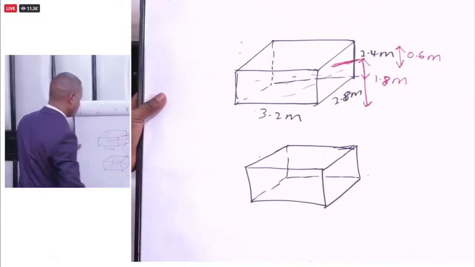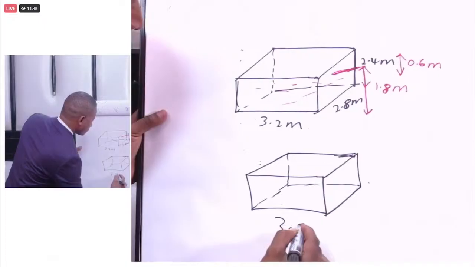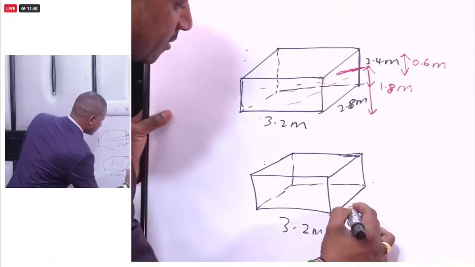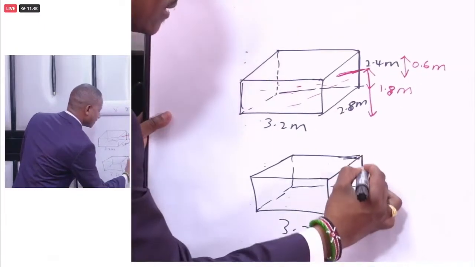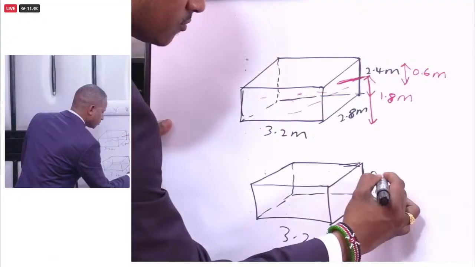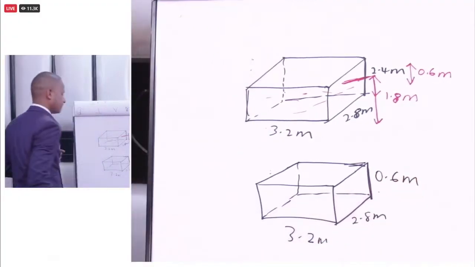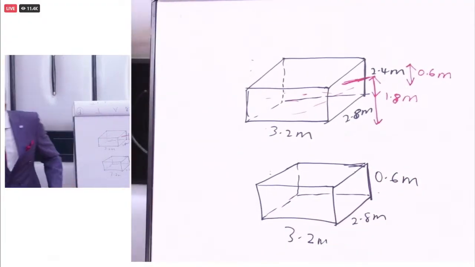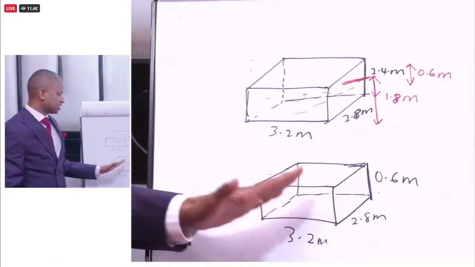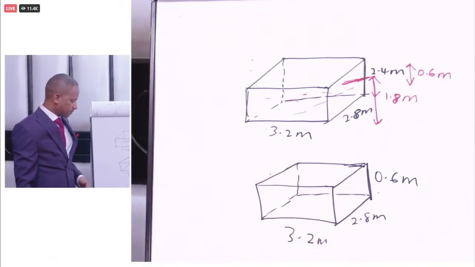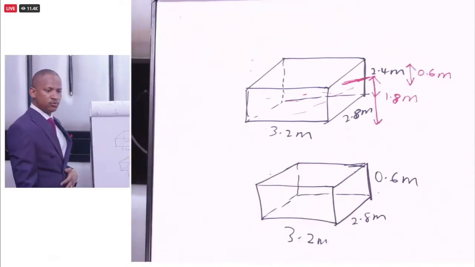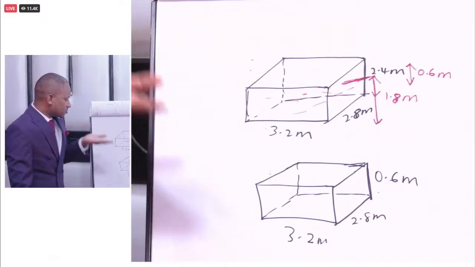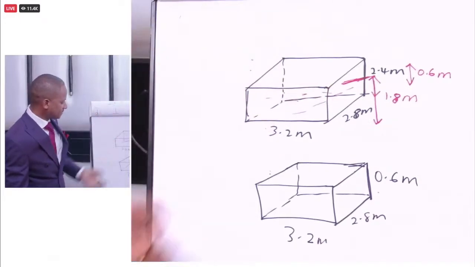This is 3.2 meters. This is 2.8 meters. But the one that is not in contact with water is 0.6 meters. So this is the new rectangular tank that we have that is not in contact with water, the upper part.